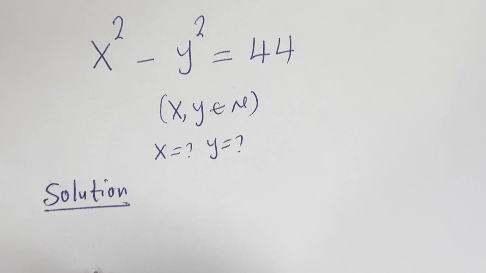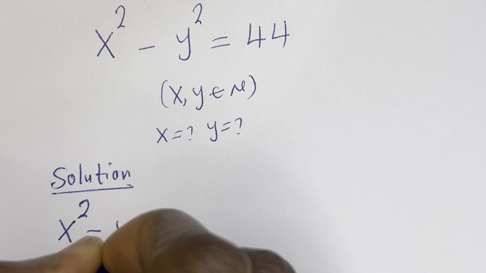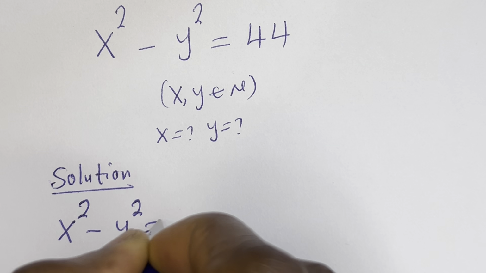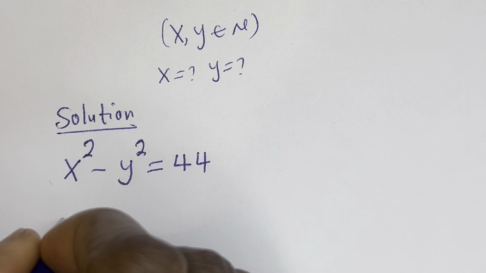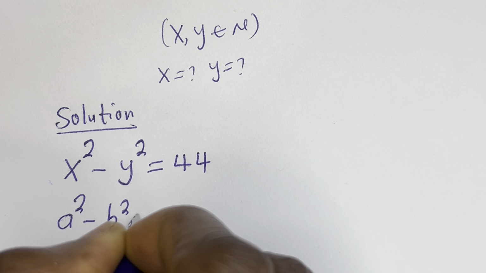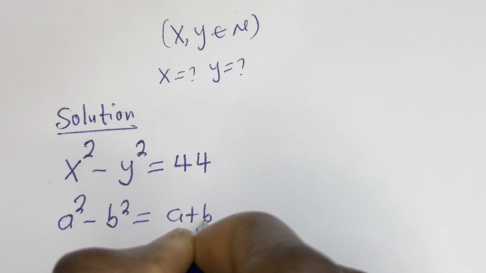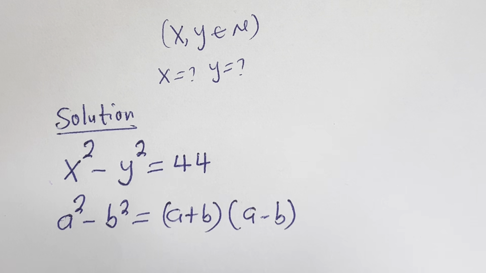Here we have x squared minus y squared is equal to 44. Now, take note of this, that if you have a squared minus b squared, this is equal to (a plus b)(a minus b).